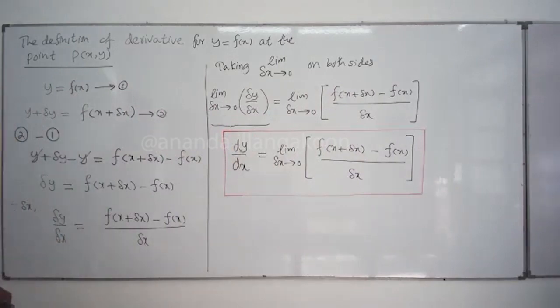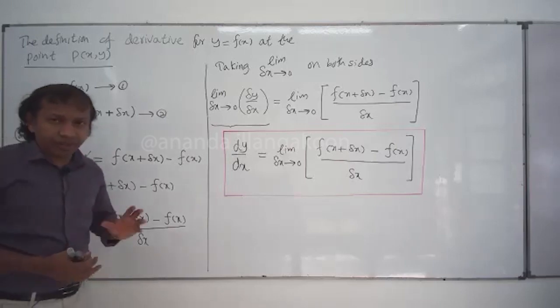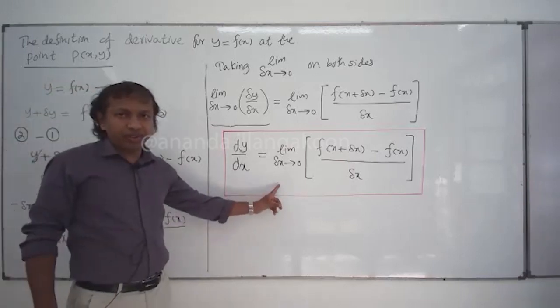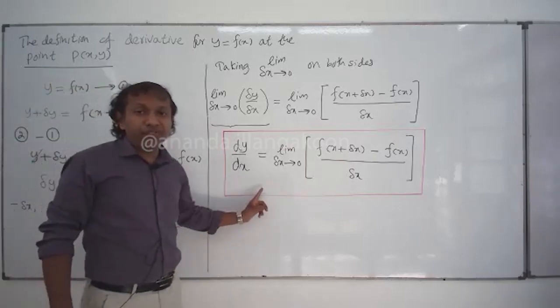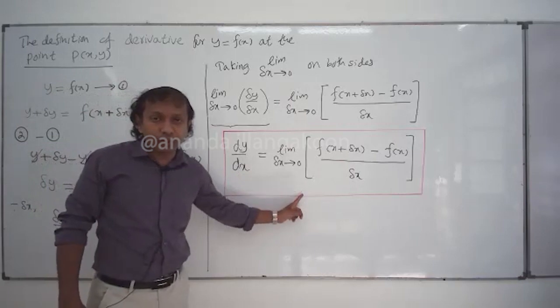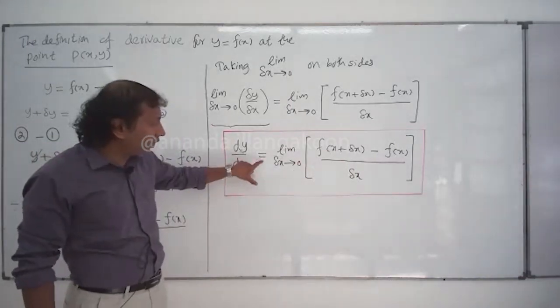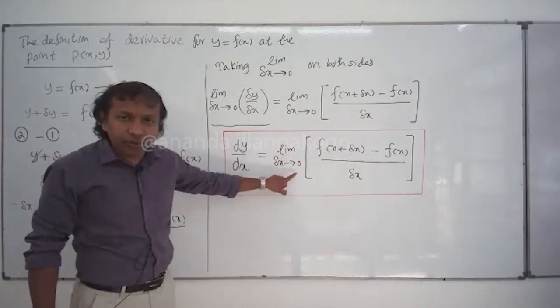If we need to find dy by dx, directly we can use this one, by the definition of the derivative. We write dy by dx equals the limit as delta x goes to 0.